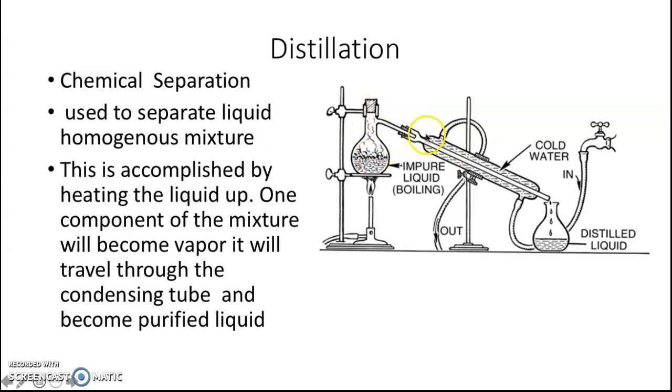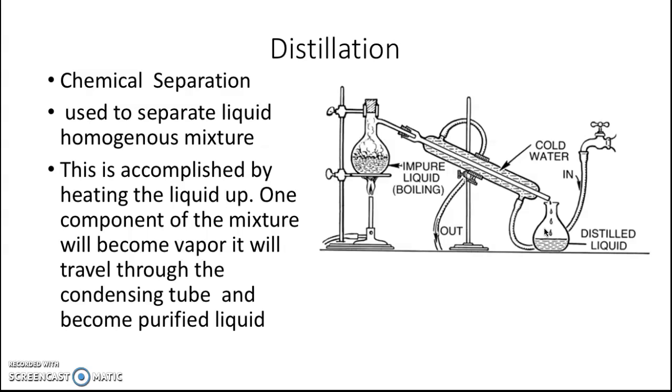As the vapor goes through the condensing tube, the temperature drops and allows the vapor to turn back into liquid particles. Once those liquid particles are formed, they travel down the tube and enter into a flask. That flask will be the purified liquid, right?